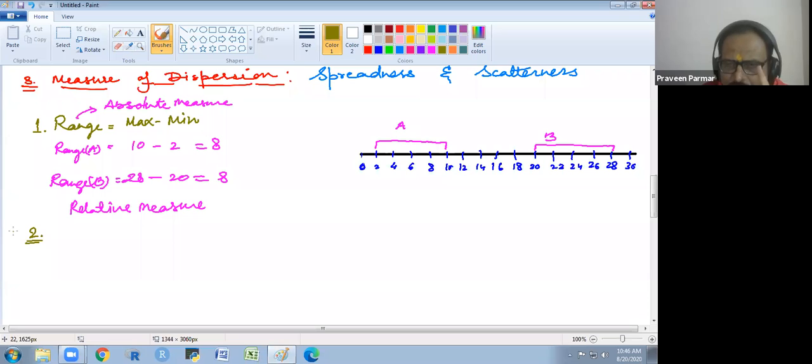So in correlation analysis, we could not say we found the correlation; we measure the coefficient of correlation. In general language we say we measure the correlation, but it means the coefficient of correlation. The relative measure is a coefficient.